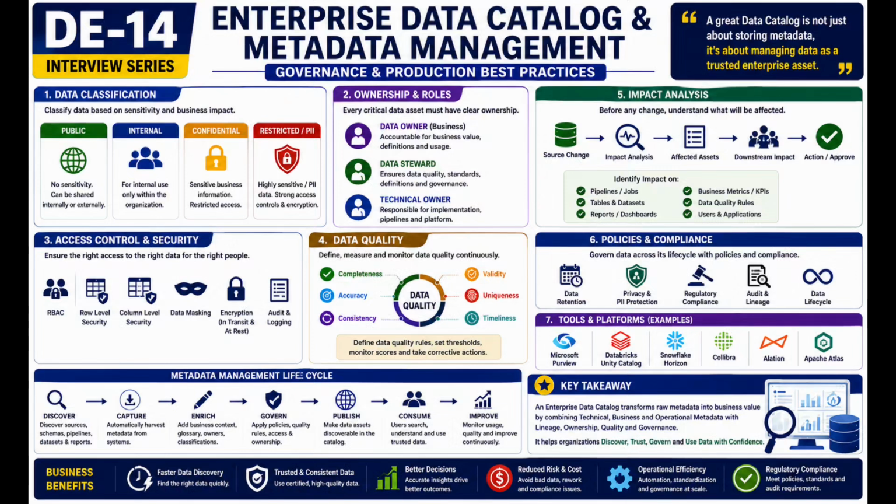For example, public, internal, confidential, restricted or PII. So here, if a dataset contains sensitive customer information, that classification needs to be visible to consumers and connected to the appropriate security policies.